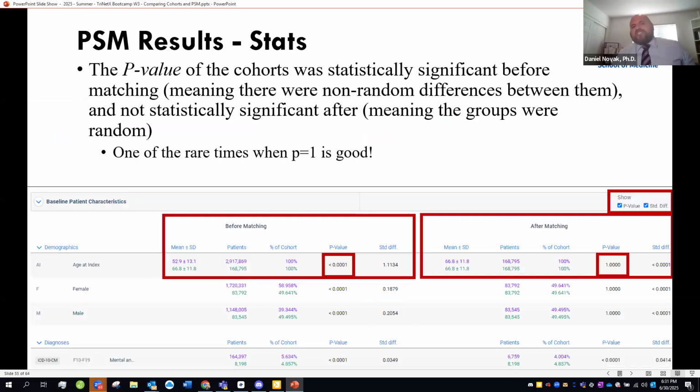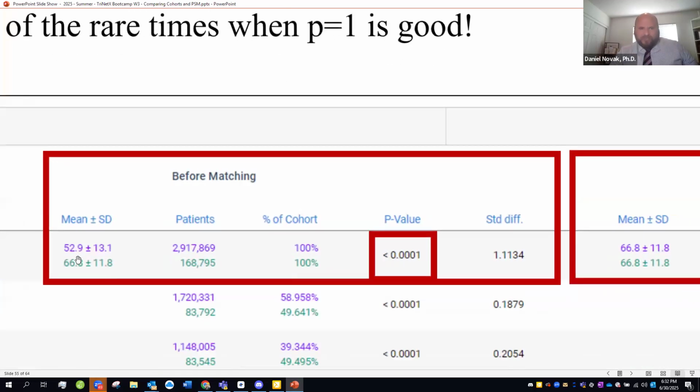Well, how do we know that? This model doesn't work that well because I'm using such large groups of people that the p-value here doesn't really compute as well. But basically, in most of your analyses, and this actually works for the age index really well, you can see by each of your factors in the table below that before matching, our groups were very differently aged between the two groups.